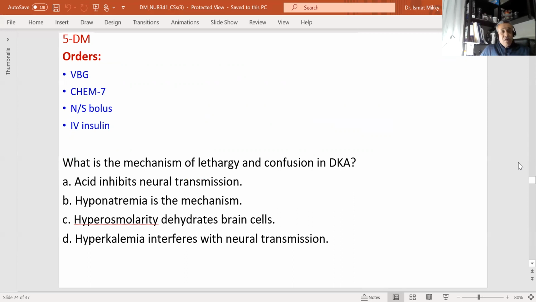So the mechanism of confusion in DKA, which is C, hyperosmolarity dehydrates brain cells. Serum osmolarity is usually dependent entirely on serum sodium content. In severe hyperglycemia, the extremely high glucose level acts as an osmotic draw on the brain cells, and this dehydrates the brain cells.